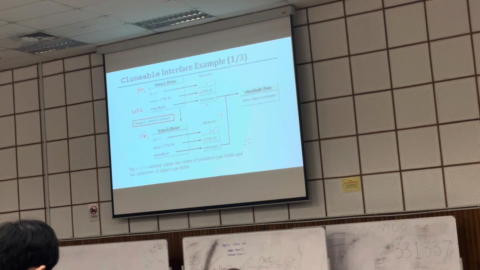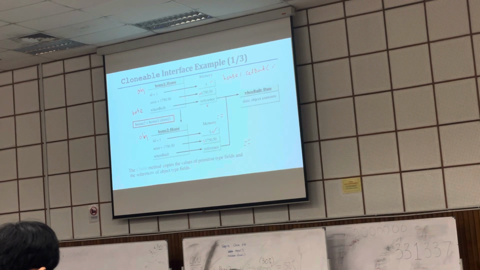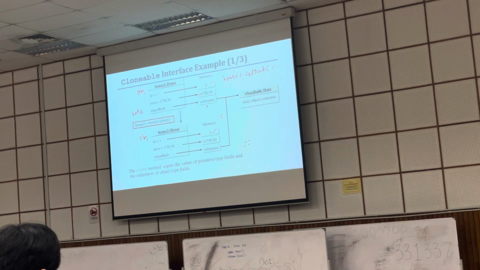Okay, so let's say I go and change house 1's date. Let's say set date or something. I change it. Will house 2's date also be changed? Will it change or not? No change. House 2 does not change.